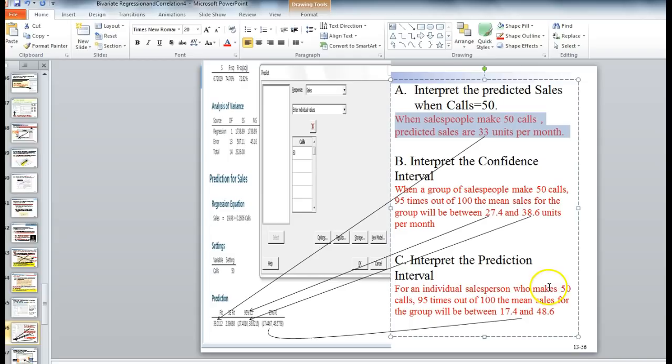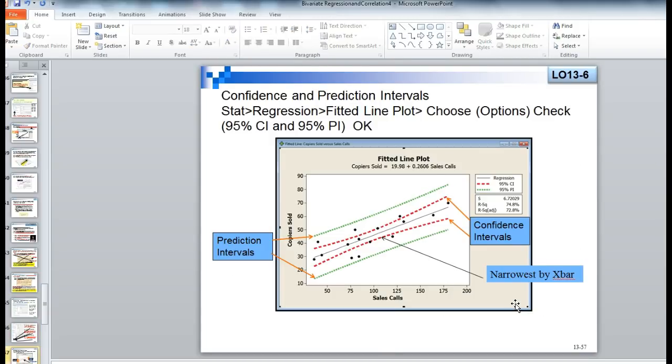For an individual salesperson who makes 50 calls, 95 out of 100 times, the sales for the individual, not the mean, will be between 17 and 48. So we have confidence intervals and prediction intervals. We can get this plot with stat, regression, fitted line plot, and that's pretty easy.